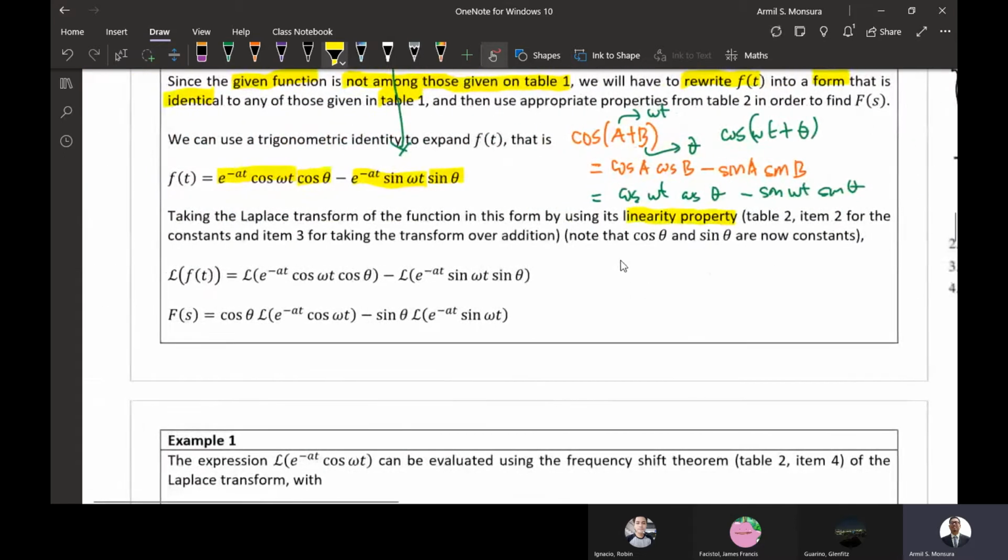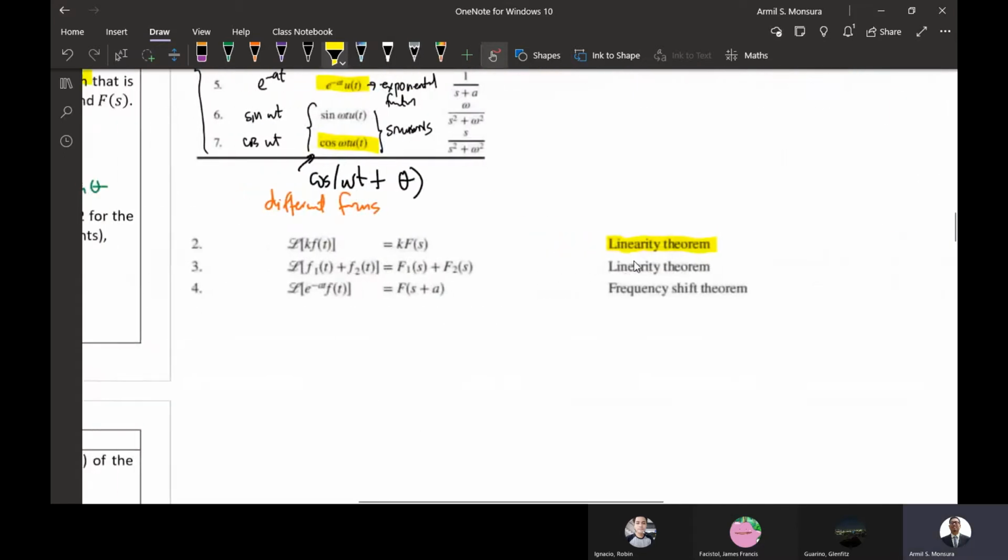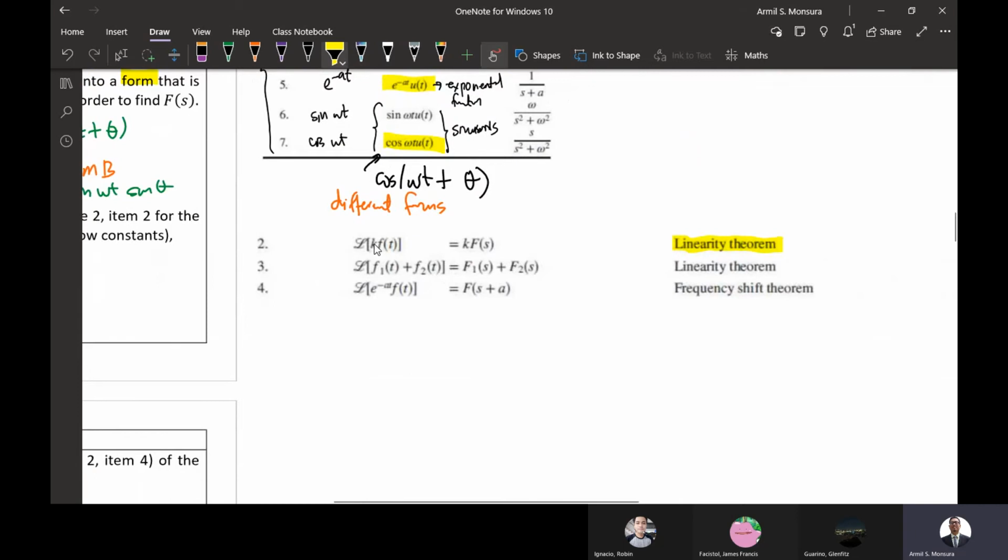Or multiplication of a constant. Kasi this means na kapag yung function niyo is multiplied by a constant, it just means na pwede niyo kunin yung Laplace transform nung f niyo and multiply the Laplace transform with the constant. So ito yung ilalabas niyo yung constant usually. Okay? So this is the property for scaling of a constant.